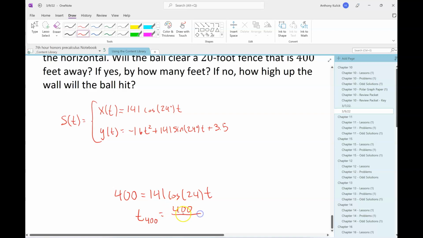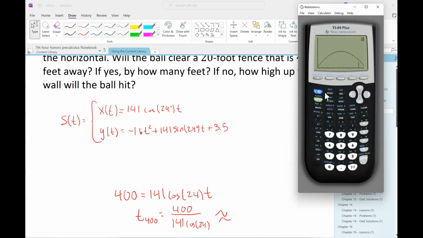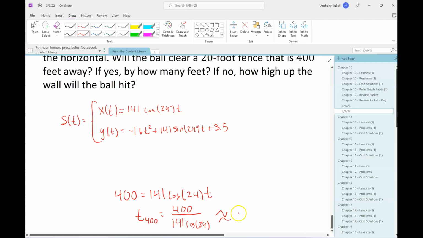So the time it takes to move 400 feet in the horizontal direction is here. So I get 3.11.